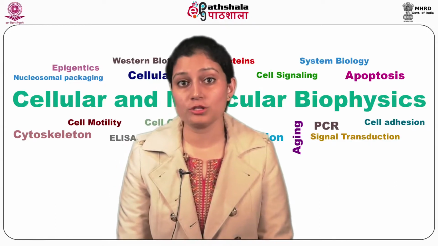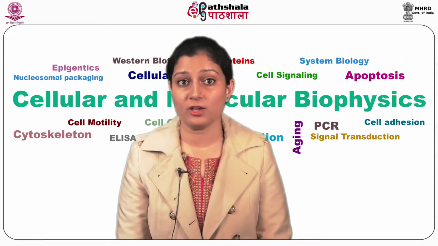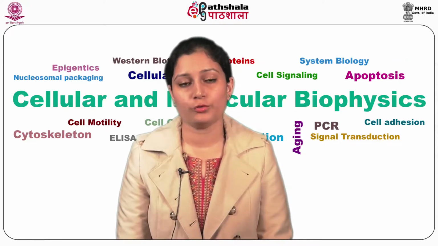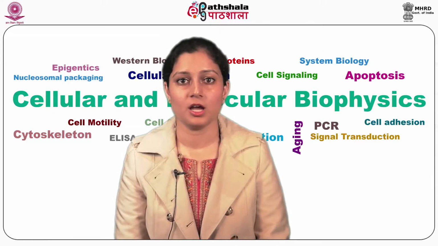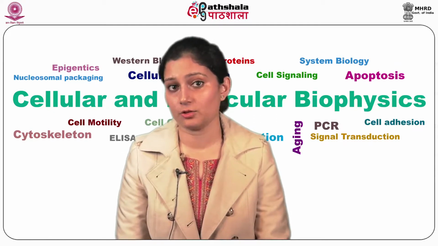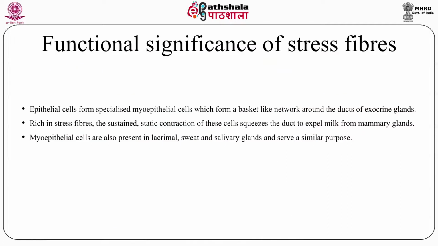Epithelial cells can also form specialized myoepithelial cells, which form a basket-like network around the ducts of exocrine glands. Rich in stress fibers, the sustained static contraction of these cells squeezes the duct to expel milk from mammary glands.